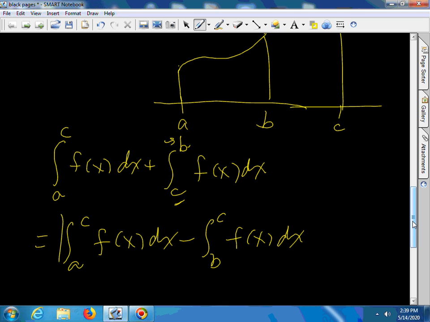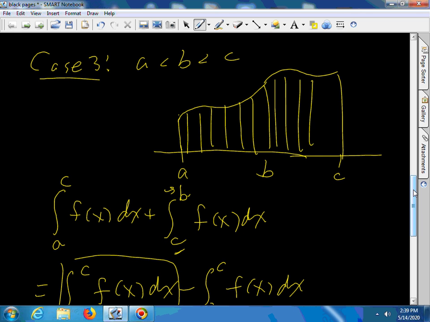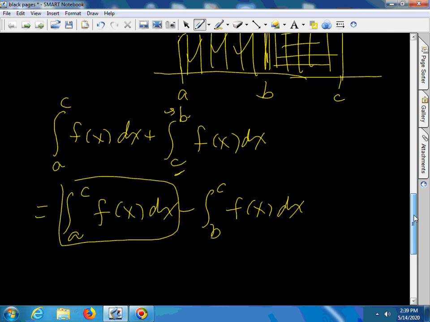Well, let's see what this is. This is the area from A to C. Okay, from A all the way up to C. Hey, that looks pretty good. It has the area that we want from A to B. It has it, but we don't want that. Well, don't worry about it.